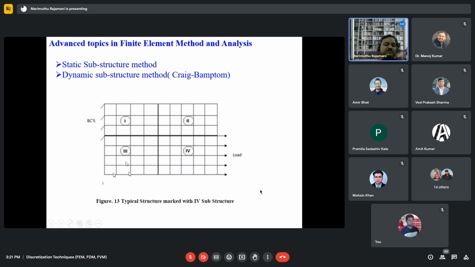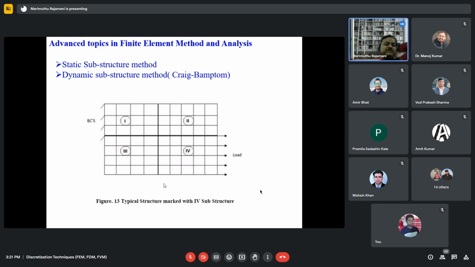So these can be eliminated. This can be eliminated simultaneously, and only what is required is that the interface matrices need to be assembled at one place, and you can solve and get the interface variables.